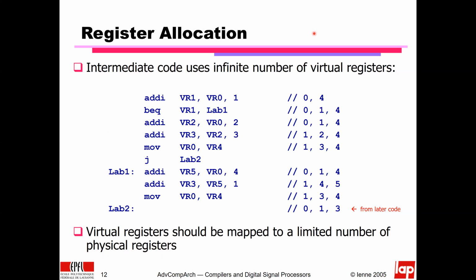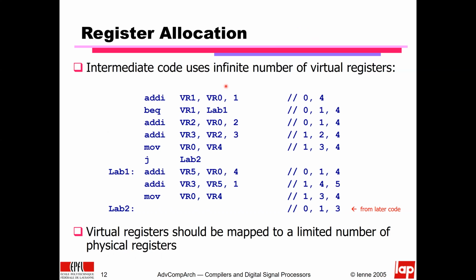And the way people proceed is typically by looking at the liveness of the values that are in the registers. That is, when there is a value during the execution of code, there is a value in a register that is of interest. I think it's best explained with an example.